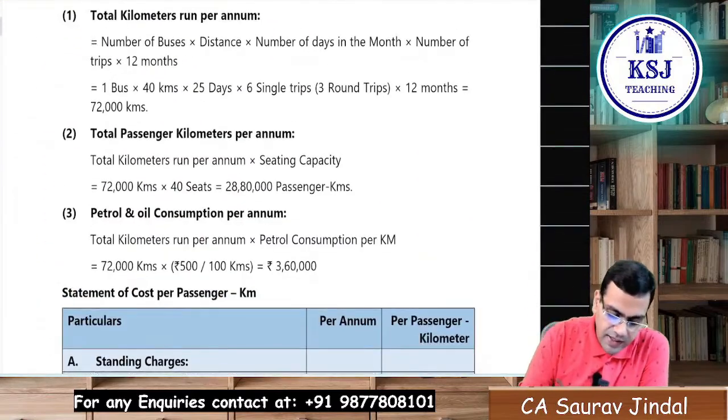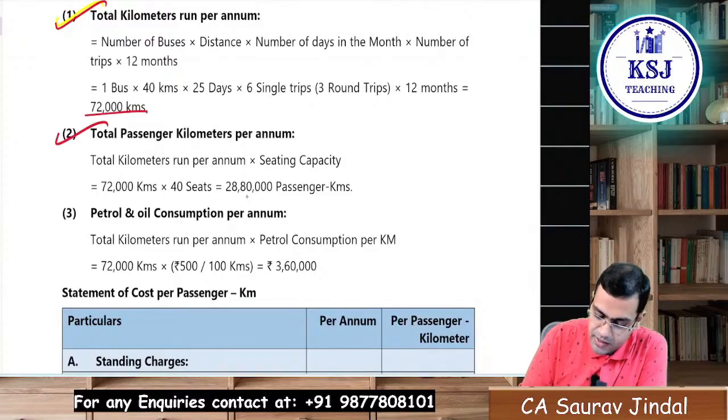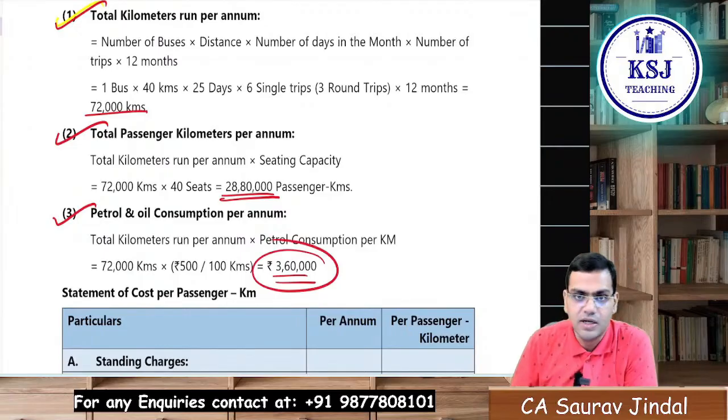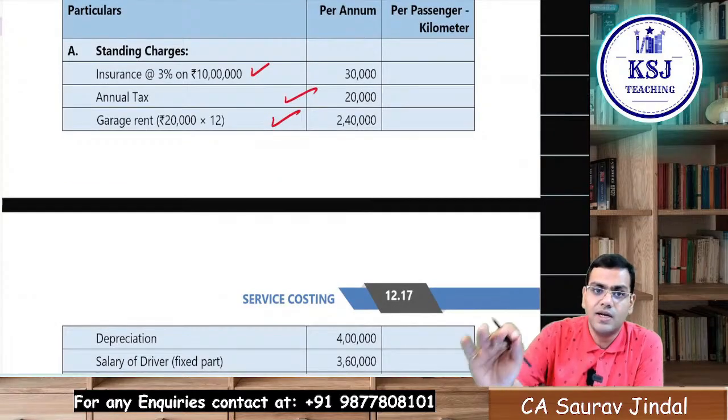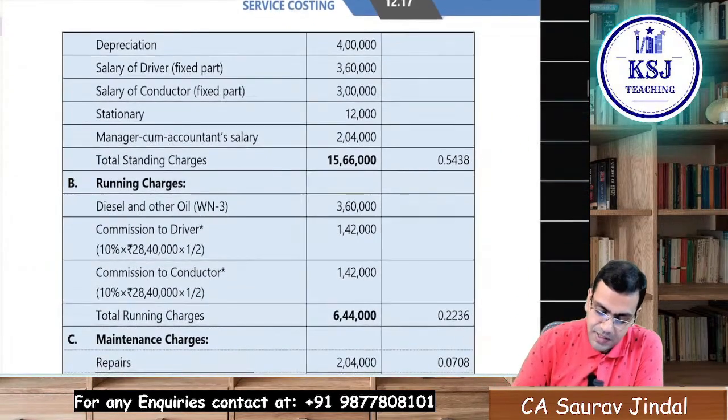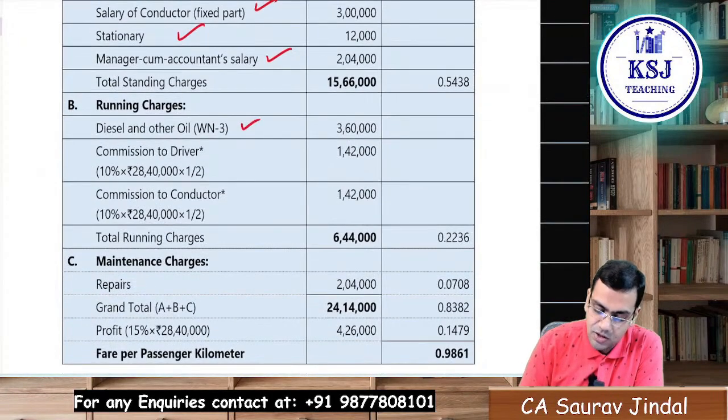Then the second important point here. We have calculated total kilometers, total passenger kilometers, and petrol and oil consumption, 3,60,000. Now you will take all the other charges: insurance 3% of the total cost, annual tax, garage rent, which is given monthly and you will convert it annually, depreciation, driver salary, fixed, stationery, manager cum accountant salary. Total standing charges, running charges, diesel and oil are calculated.